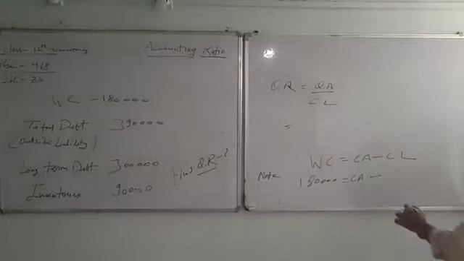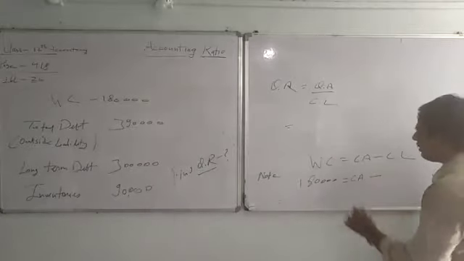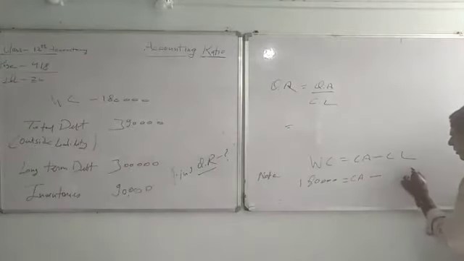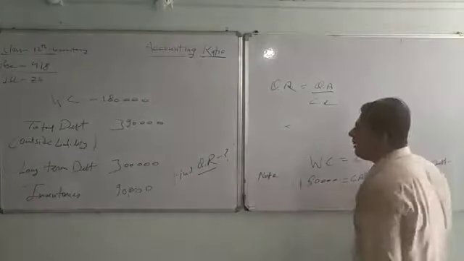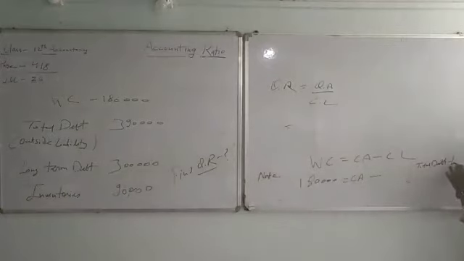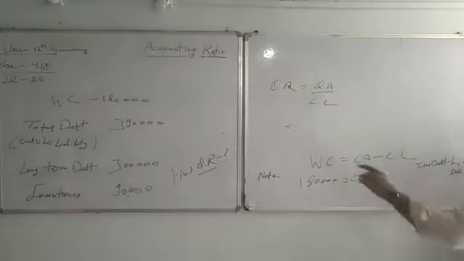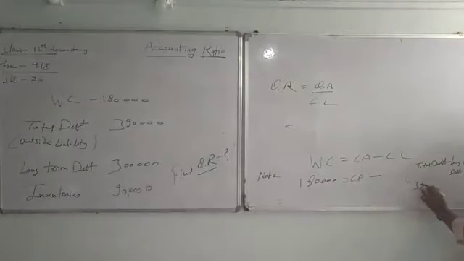So current liability is total debt minus long term debt. Here, total debt is 3,90,000 minus 3 lakh.